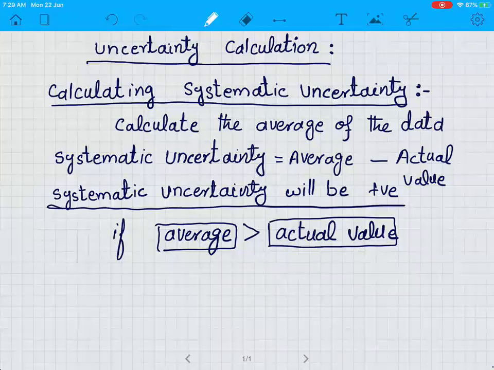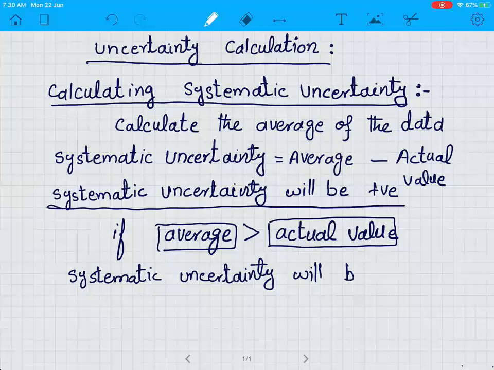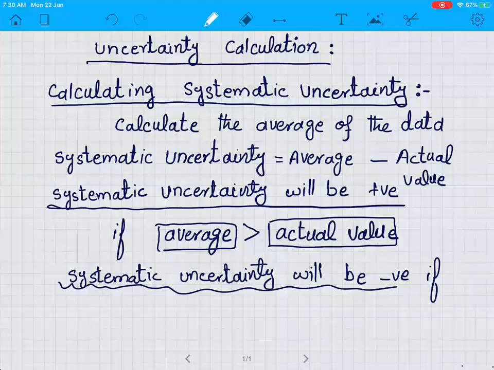So systematic uncertainty will be negative if, so you'll get a negative systematic uncertainty if the average is smaller than the actual value.